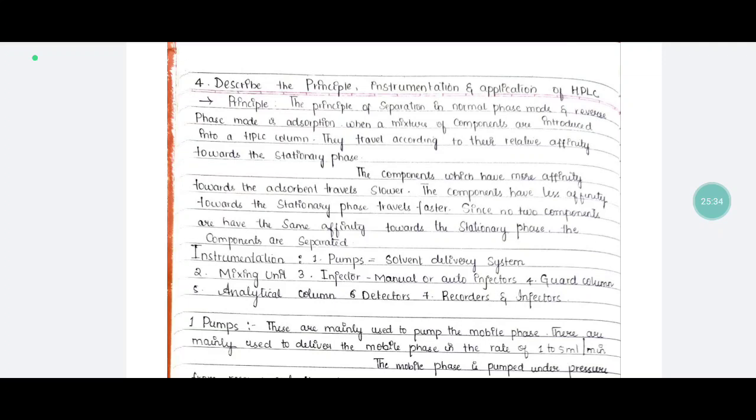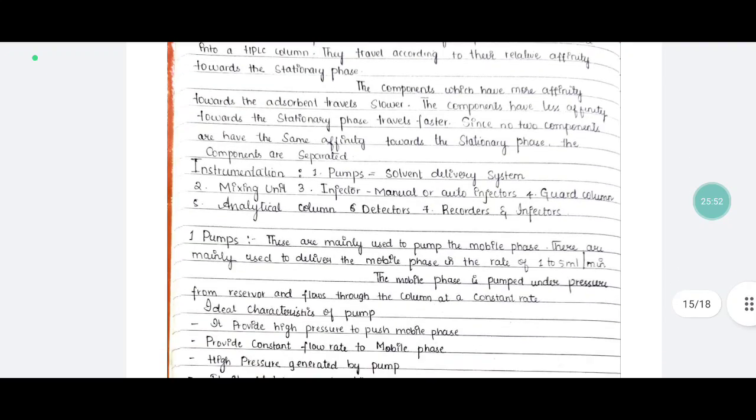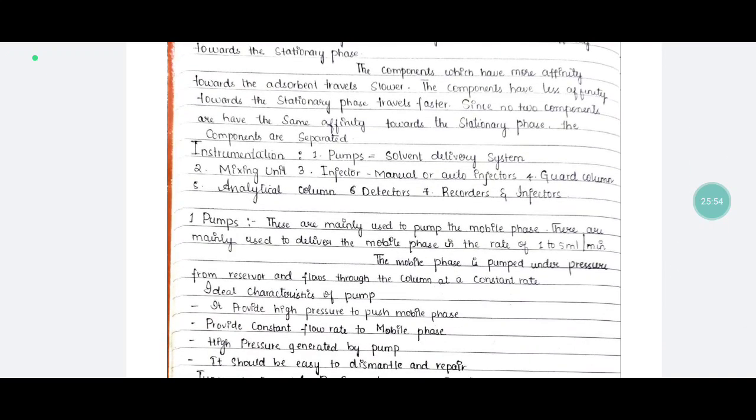The instrumentation for HPLC will be pumps, solvent delivery system, mixing unit, injector manual or auto injectors, then guard columns, analytical column, detector, recorders and integrators. So these are the instrumentation.